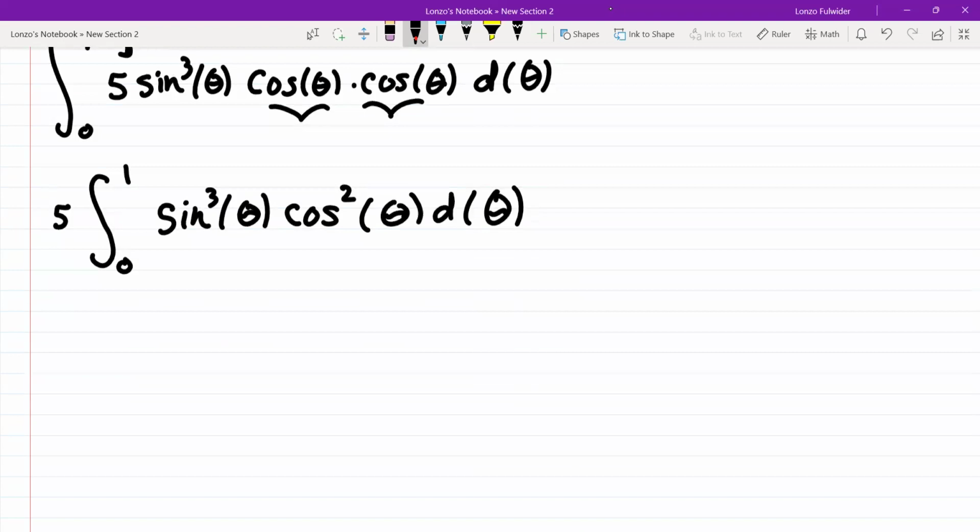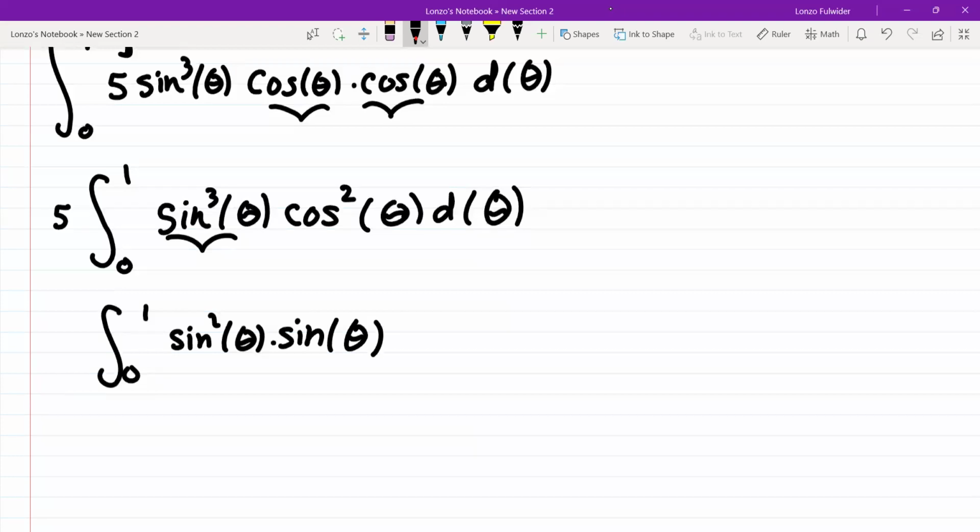Now, what could we do next? We'll have to use some kind of trig substitution. So what if I rewrote sine cubed theta as sine squared theta times an extra sine theta, right? That is technically the same thing as sine cubed.